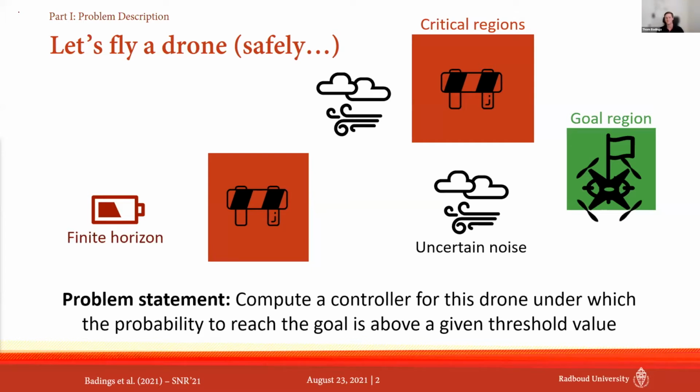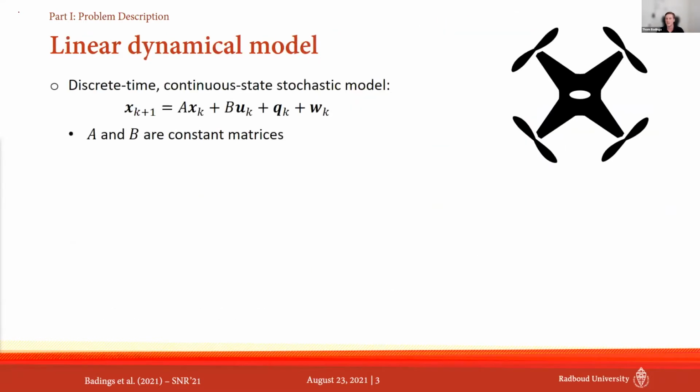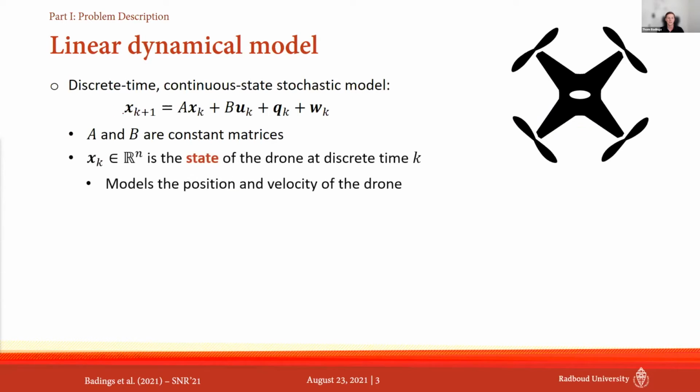All right, first step, of course, in solving such a problem may be to derive a mathematical model of it. And in this work, we consider linear dynamical models, which in our case are discrete time and continuous state. So here we have a continuous state vector x of k, which models the position and the velocity of the drone at some discrete time k.